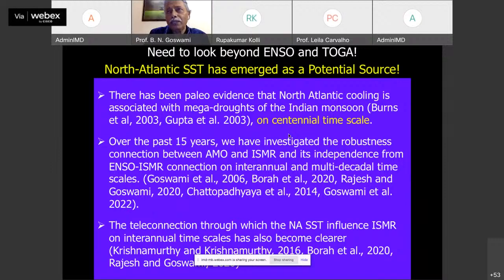One of them, of course, was to establish the physical mechanism by which the North Atlantic SST could influence monsoon. That teleconnection mechanism has become much clearer over the last decade or so, and I am going to give an example of that.